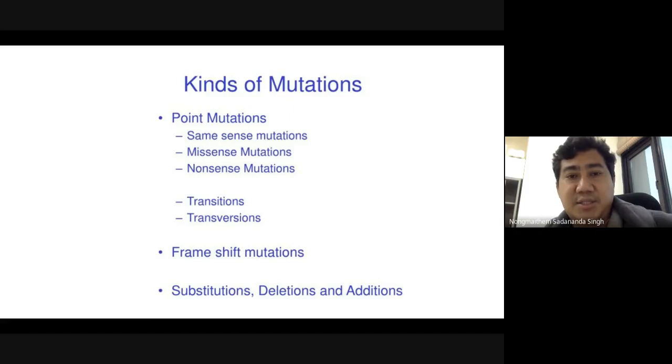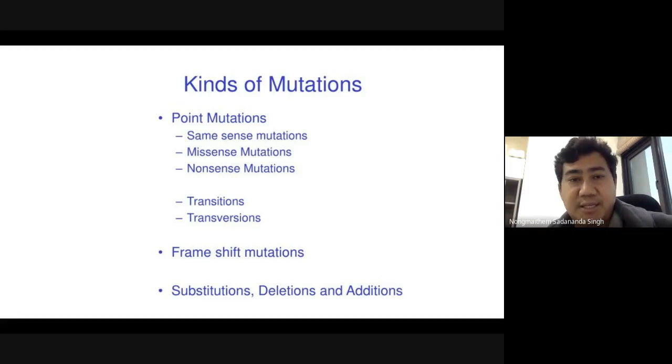That's called the missense mutations. When the change in the nucleotide leads to the formation of a translational stop codon, from a coding or sense codon to a non-coding or stop codon, that is called the nonsense mutations.